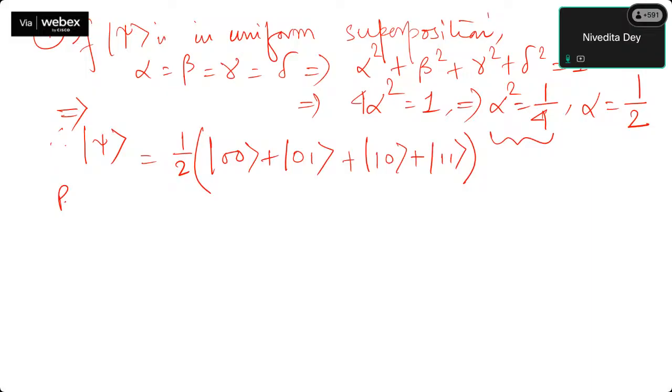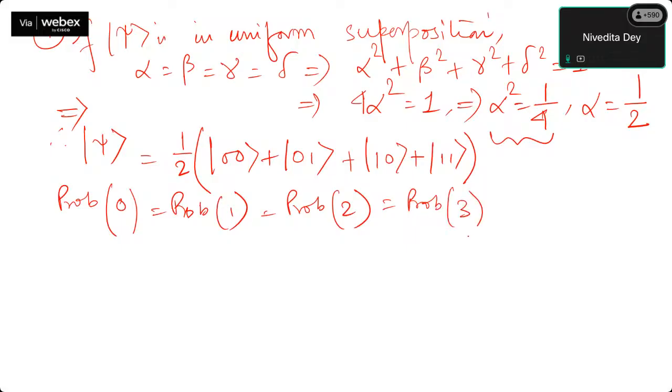That means the probability of 0 is equal to probability of 1 is equal to probability of 2 is equal to probability of 3, and that is equal to 1 by 4, that is 25%. So I am uniformly probable to get either 00 or 01 or 10 or 11. So all these four are the observations.